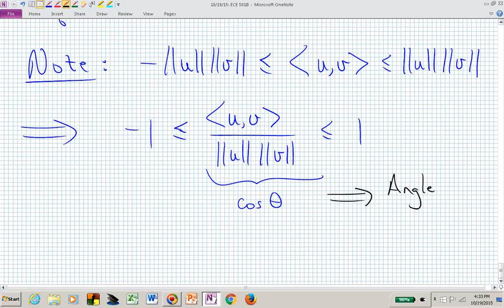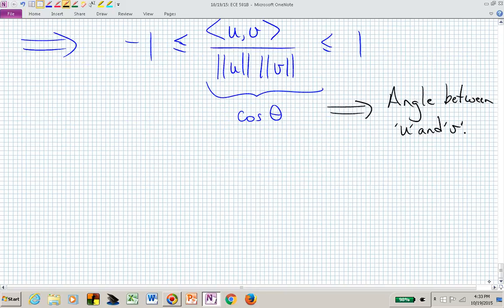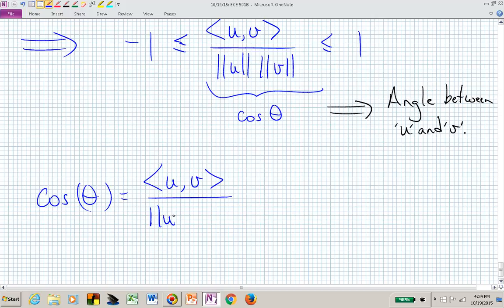So this is now the angle between the vector u and the vector v. So if we rewrote this and just said, oh, the cosine of theta is equal to, we're saying that's now this inner product over the norms of u and v.